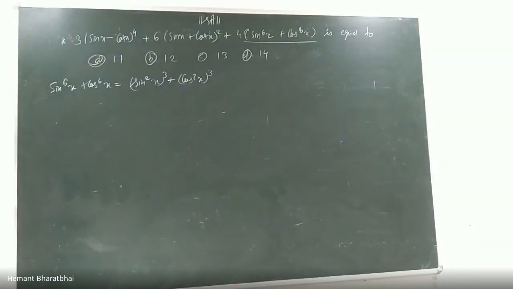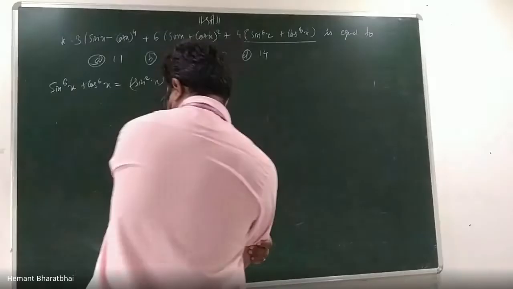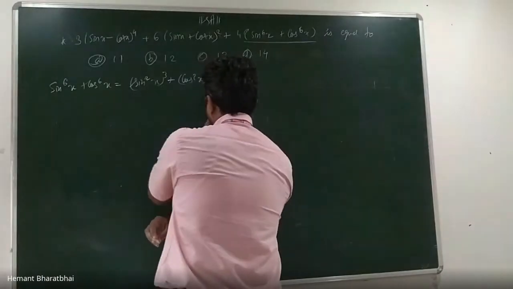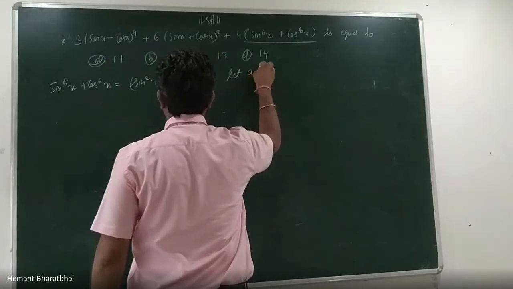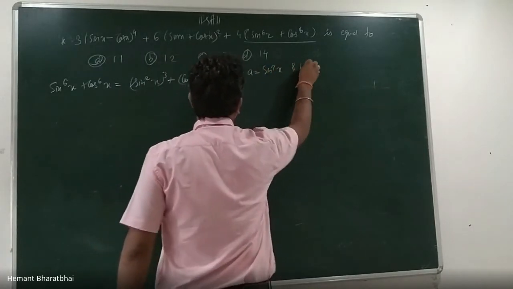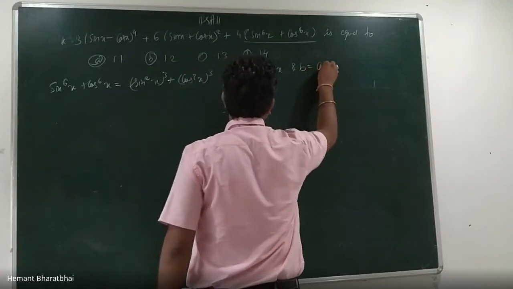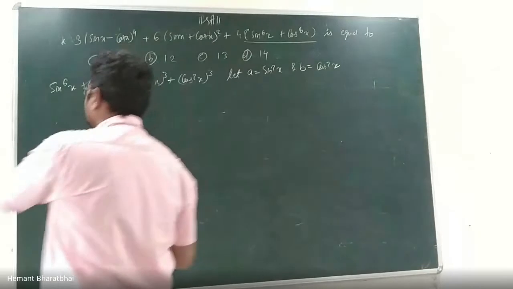Right? If you have confusions, then you can say let A is equal to sin square x and B is equal to cos square x, so you will not get any confusions.